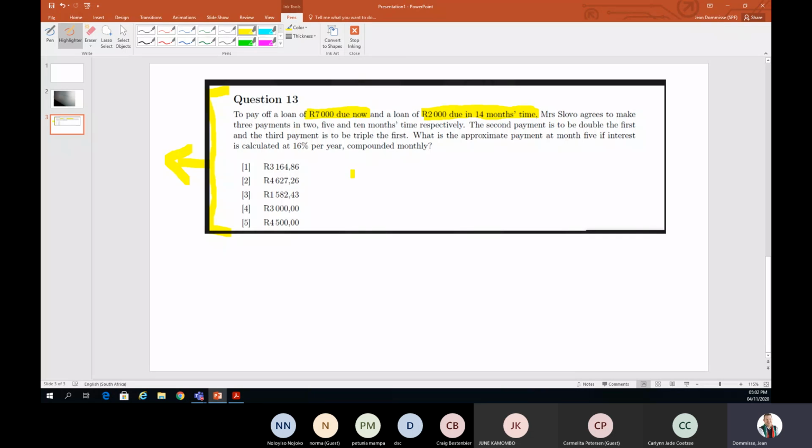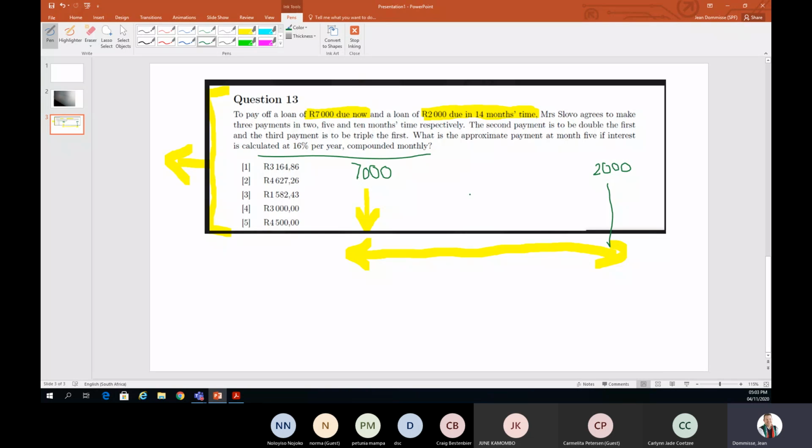So basically you're going to have a timeline. At this point there's a payment due, and in 14 months' time there's another.